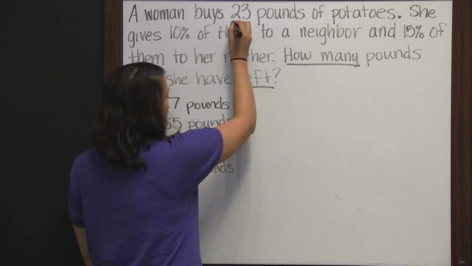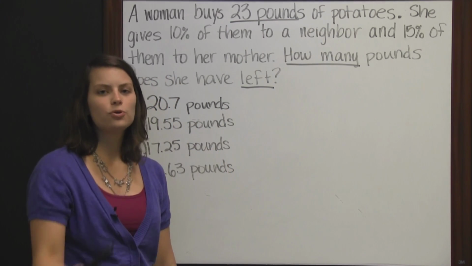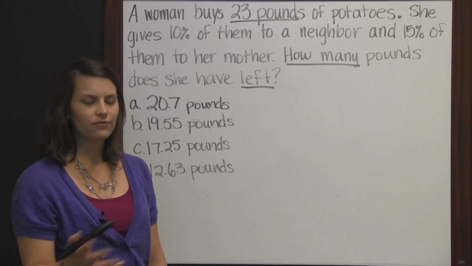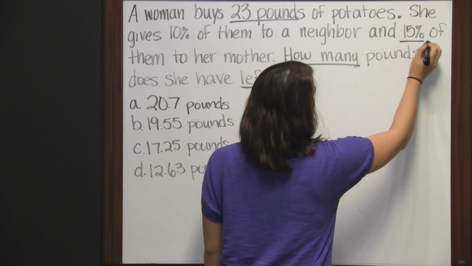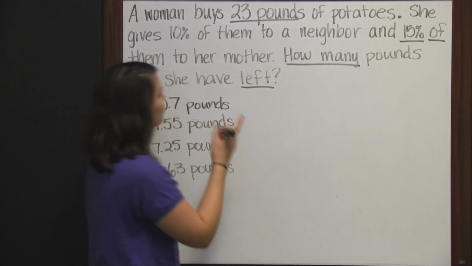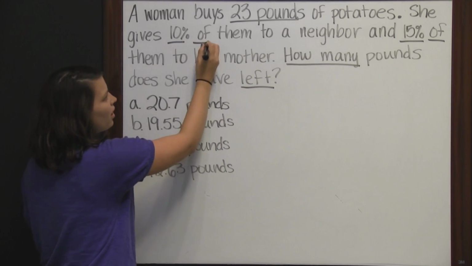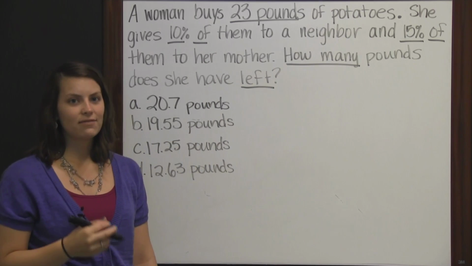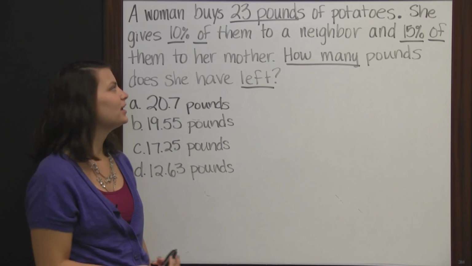She starts out with 23 pounds. But it doesn't tell us how many pounds she gives away to this person and to this person. They tell us what percent of 23 pounds is given away. And again, what percent of the 23 pounds is given away.